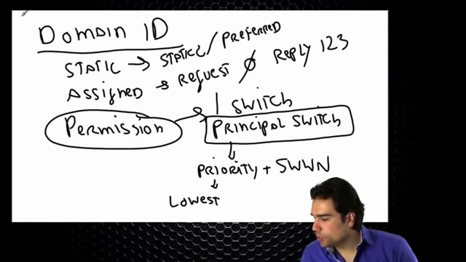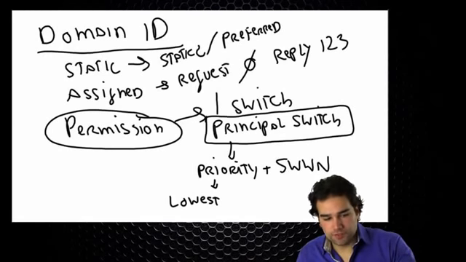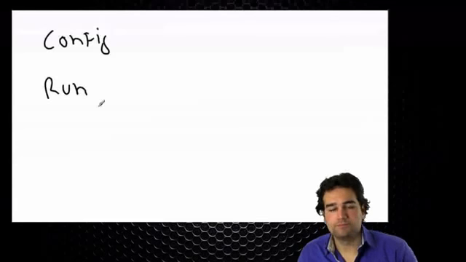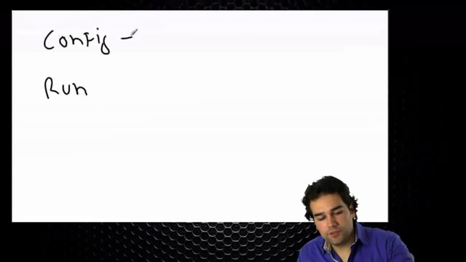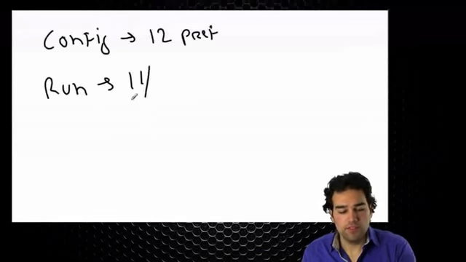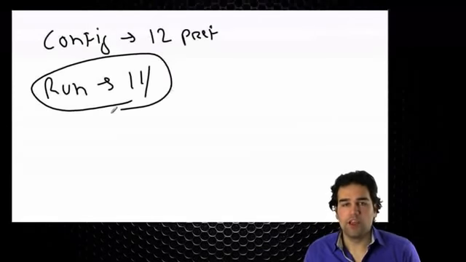Question, is a domain ID stored in NVRAM across a reboot once assigned? No, so there is a difference. I have a configured domain ID and I have a running domain ID. So I might have a configured domain ID of 12 preferred, and I have a running domain ID of 14. This is saved in the RAM, and this is not saved in the configuration.